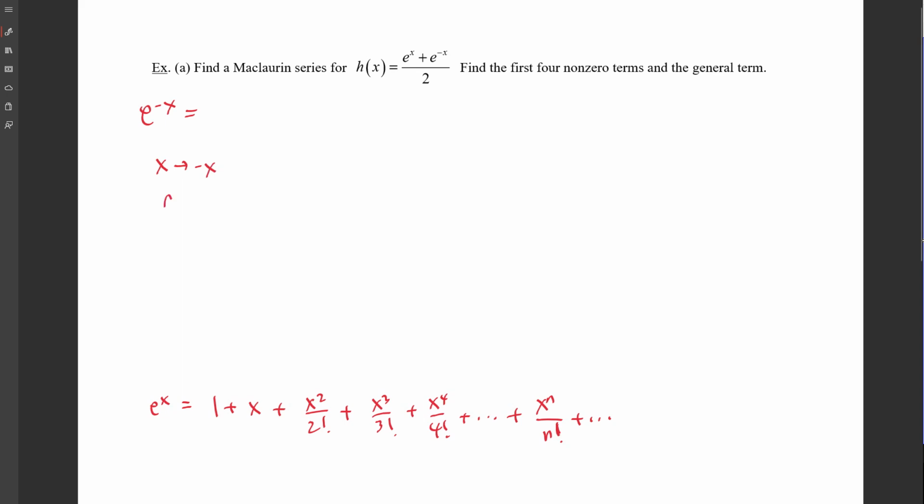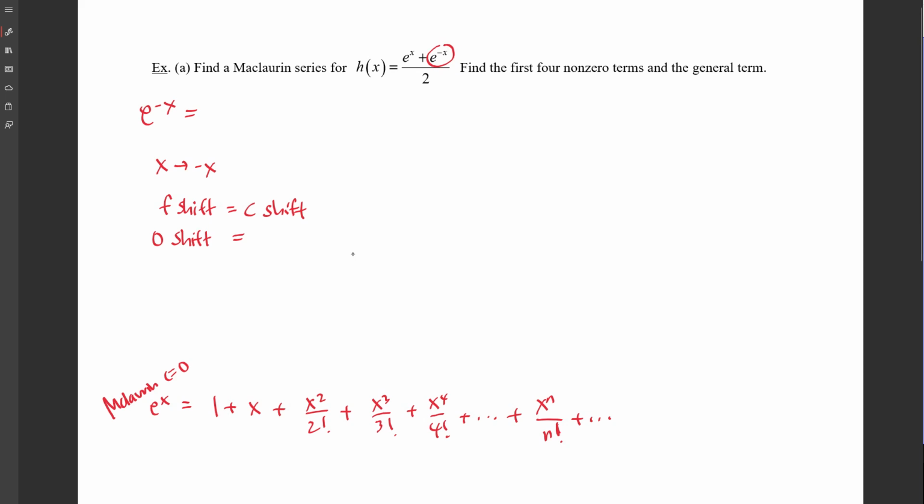It's allowed if the function shifts the same as the center shift, the same amount in the same direction. If I go from x to negative x, that's actually a 0 shift. The Maclaurin series here says that the center is 0. The e to the negative x I want is also a Maclaurin series, so the center is also 0.